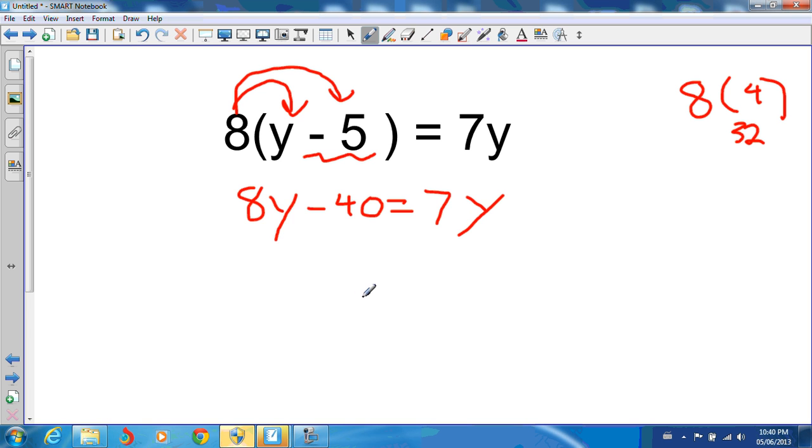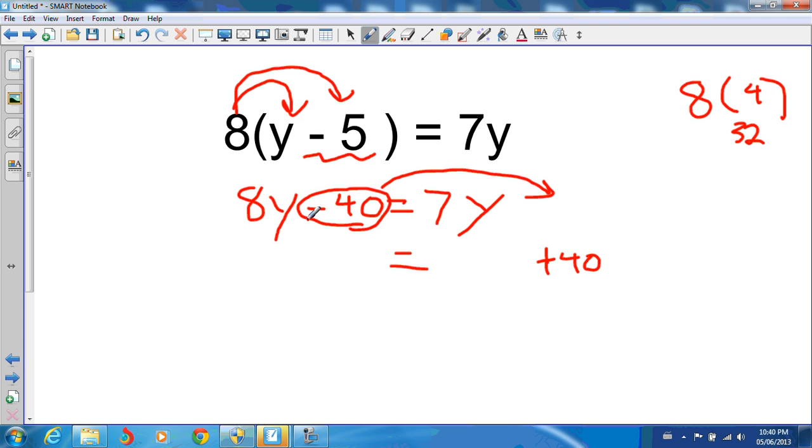Now, we always want to put our y's with the y's and the numbers with the numbers. So first thing I'm going to do is shift this negative 40 over to this side. So I'll shift him over and that becomes not a negative 40 but a positive 40.